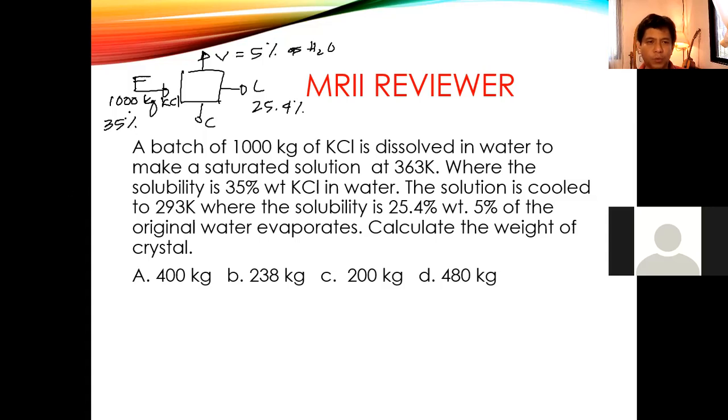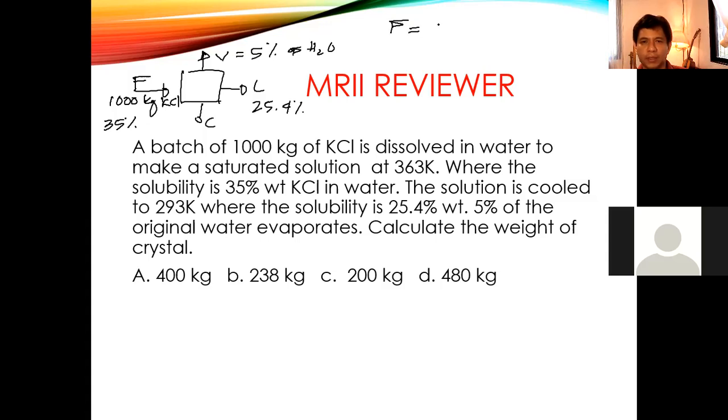Okay, so first we try to calculate F, para yung solution natin ganun pa rin. Overall mass balance tapos KCl balance. So first let's calculate the amount of F. Kasi yung given na 1,000, KCl lang yan, wala siyang water. So how do we find F?